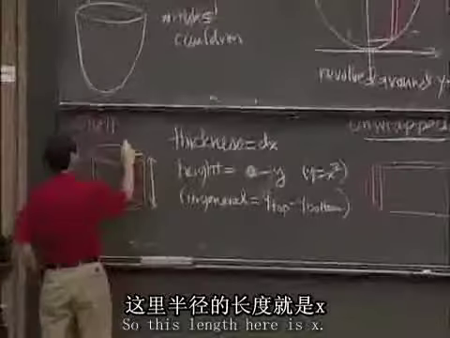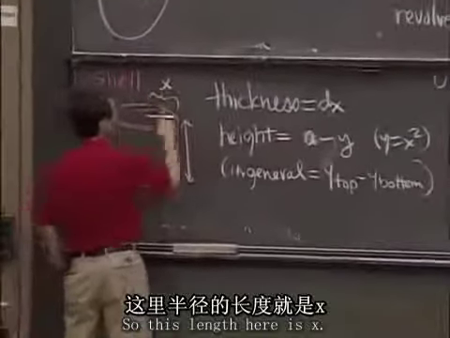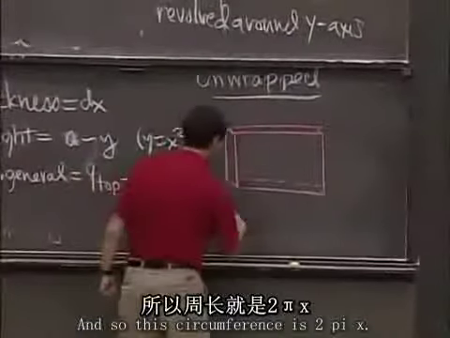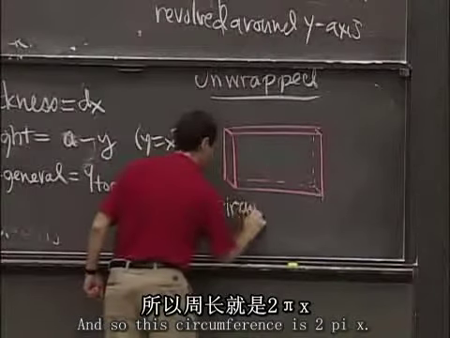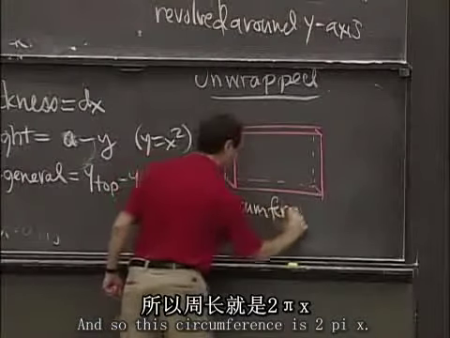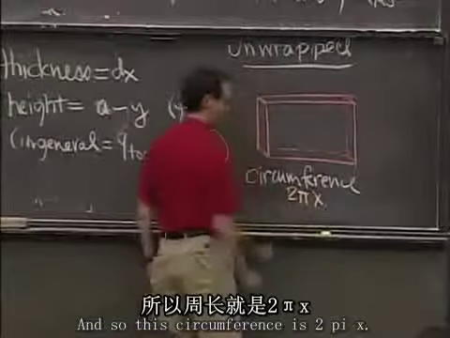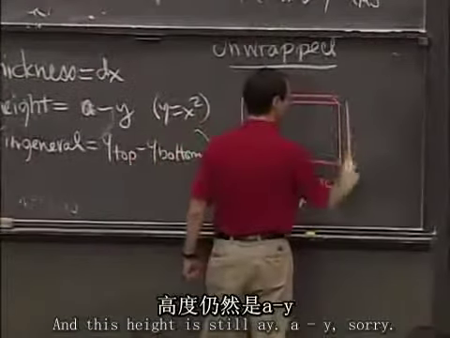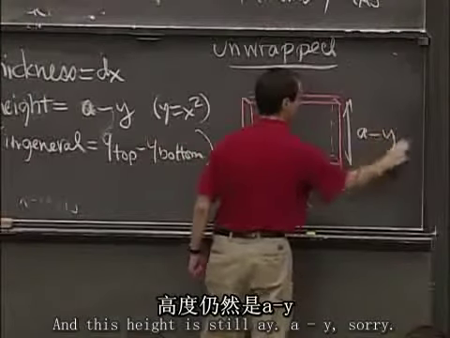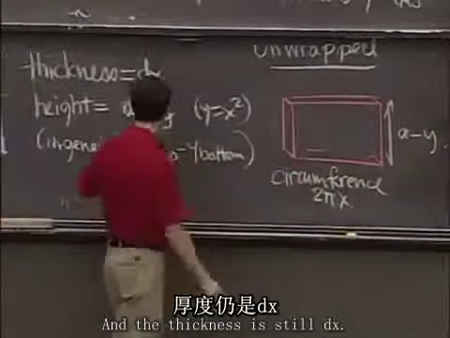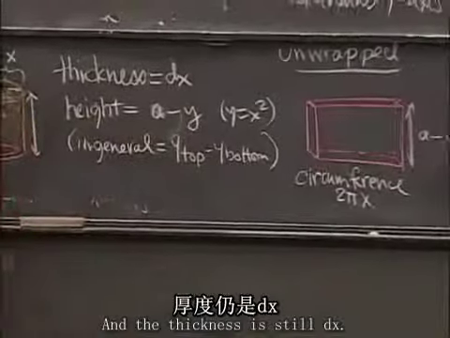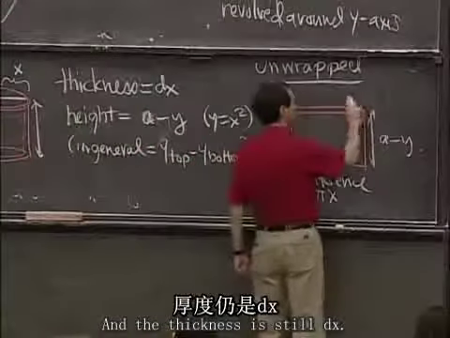So this length here is x, and so this circumference is 2 pi x. And this height is still a minus y, sorry. And the thickness is still dx. Right?